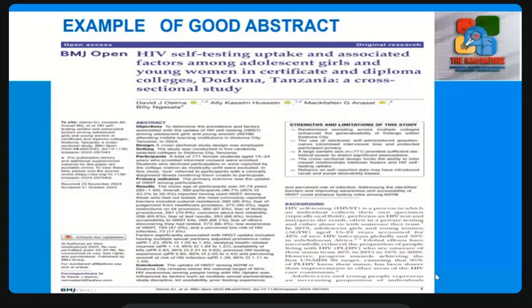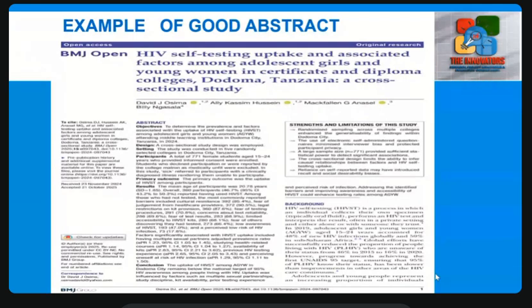Another good example of a good abstract is a study done with our colleagues, Dr. David Osima and other co-authors, on HIV self-testing uptake and associated factors among adolescent girls and young women in certificate and diploma colleges at Dodoma, Tanzania, a cross-sectional study.